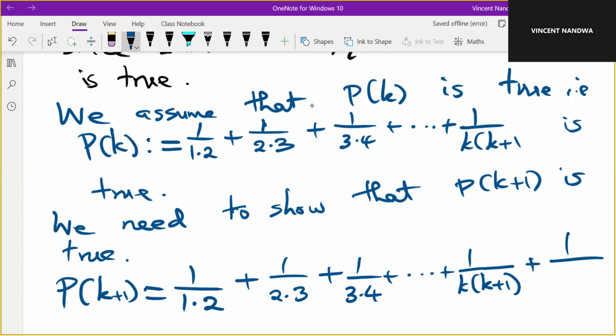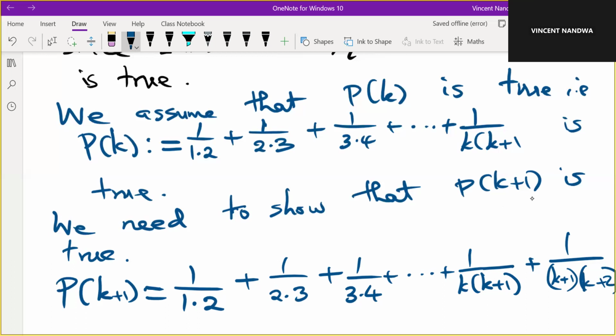No. So if this is step k, now step k has k into k plus 1. So step k plus 1 will be k plus 1 into k plus 2. From k plus 1 we go to k plus 2. So yeah, that's what you'll have.